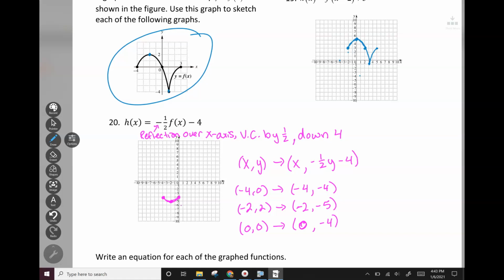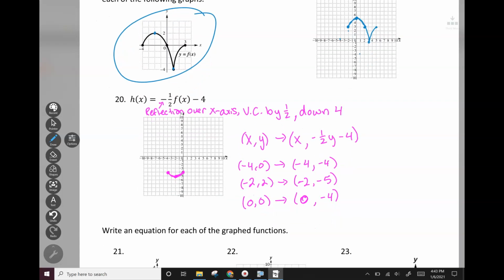Okay, notice you can already see that vertical compression happening. That parabola looks much flatter, and then also it's reflected. It's upside down now. So next point, we've got 2 more points to do. We've got 1, -4. There we go.